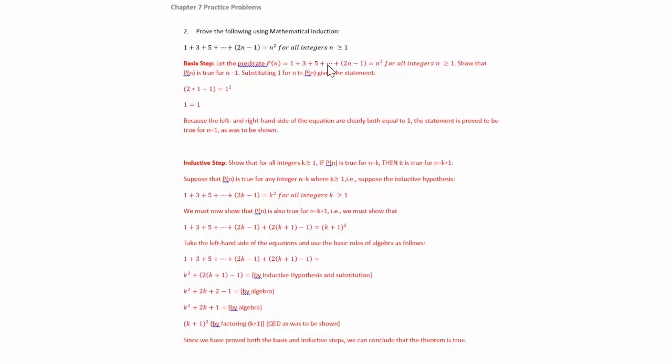So we're going to take this whole equation and replace everything with k plus 1. So it's 1 plus 3 plus 5 plus, we had 2k minus 1. Now we replace the k with k plus 1. And on the other side of the equation we had n squared. Now we're going to replace that with k plus 1.